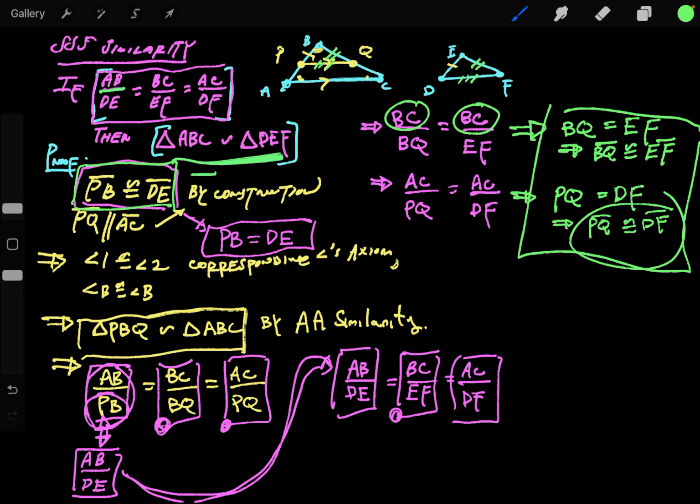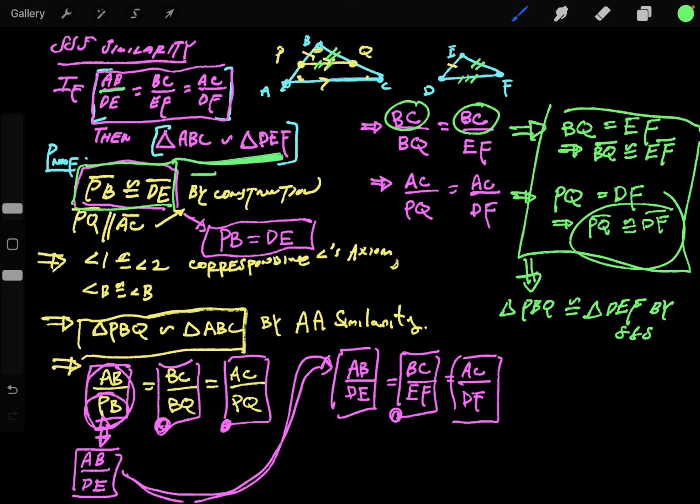This is this one, right? So now I have that these two triangles are congruent by side, side, side. So I have that triangle PBQ is congruent to triangle DEF by side-side-side congruence.